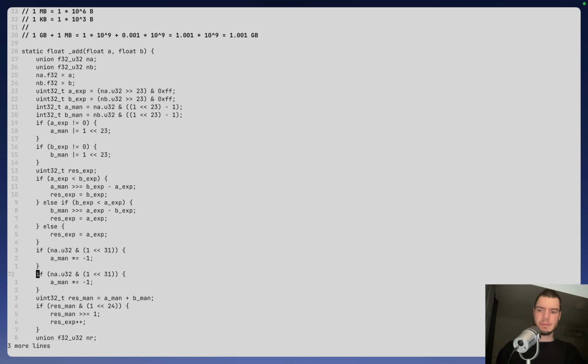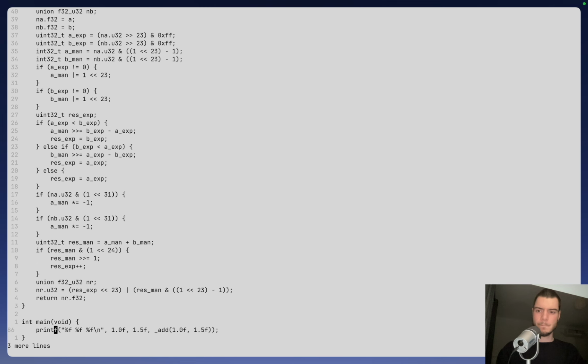And let's do the same thing for B. If the sign bit is set, we take the mantissa and multiply it by -1. The resulting mantissa is going to be a signed integer as well.